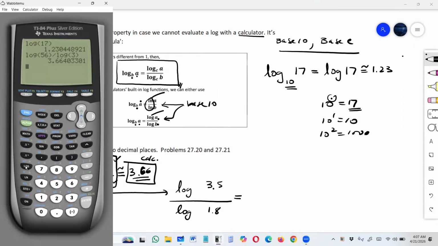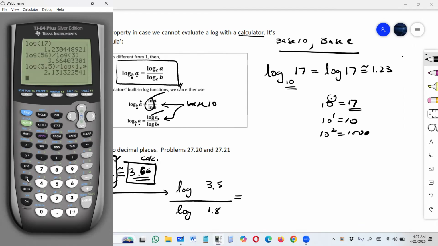All right. So log base 10 of 3.5 divided by log base 10 of 1.8. Okay. So the answer is 2.13. If you wanted to use natural log, the answer would come out the same. So here it is.